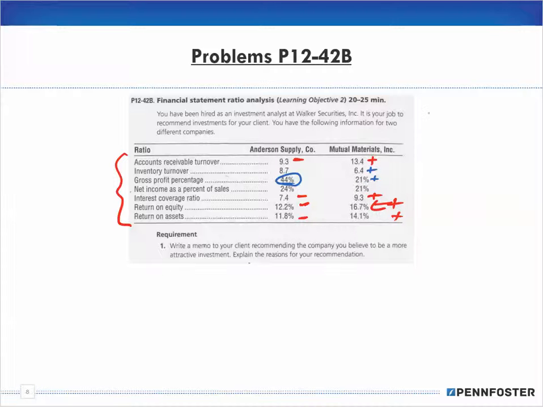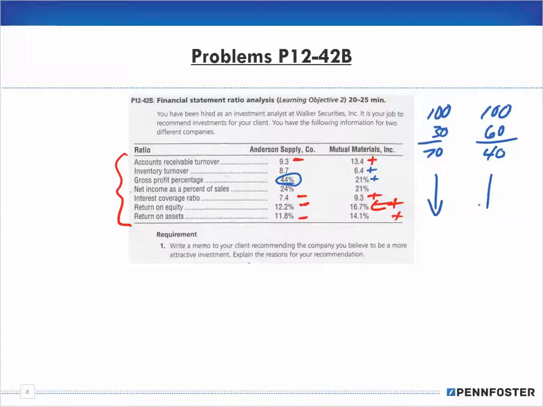I mean, think about it. If I had 100,000 for both companies, and the cost of goods for Anderson is say 30, that's 70,000 for gross profit. If the cost of goods sold for Mutual is 60, it only has 40,000 for gross profit.